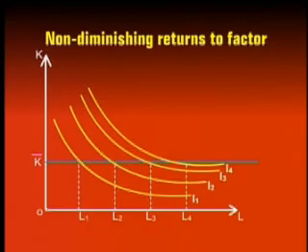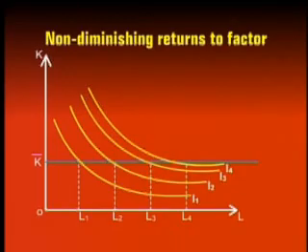Now, it is possible to have non-diminishing or non-falling returns to factor. That is, as we increase labor from L1 to L2, we make the jump from I1 to I2. However, because the isoquants are bunched together increasingly as we move to the right, we still get the same horizontal distance on the horizontal axis.